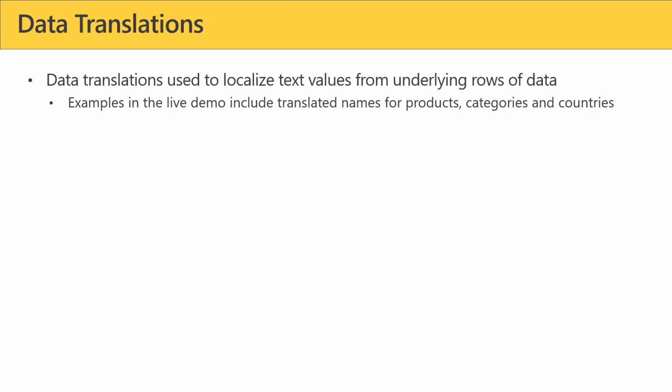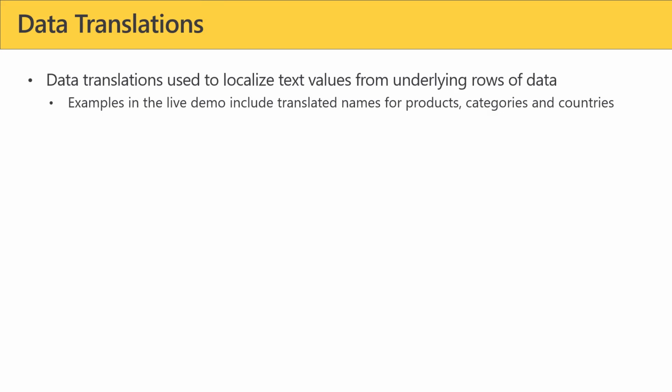And now on to the third and final type of translation, data translations. So data translations are used to localize text values from the underlying rows of data. So for instance, in your database table, you have a text column for product name. Do you want that product name to be localized for different languages?